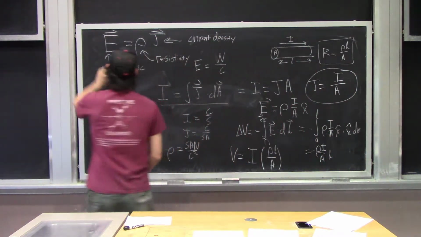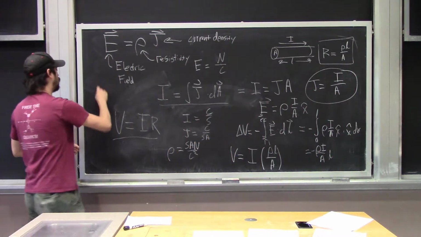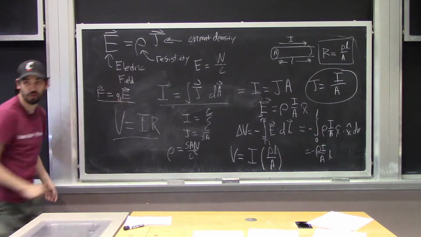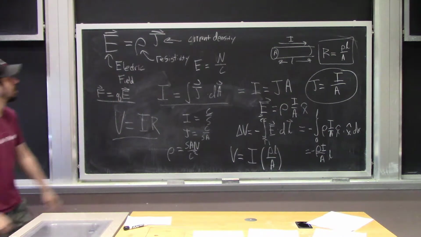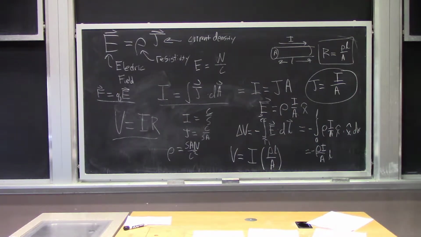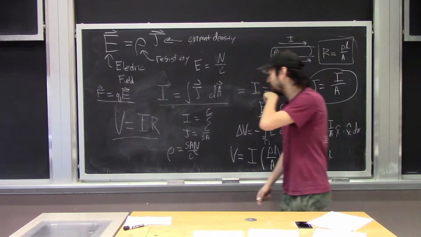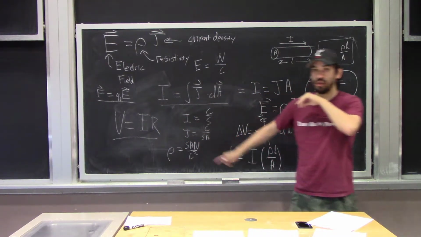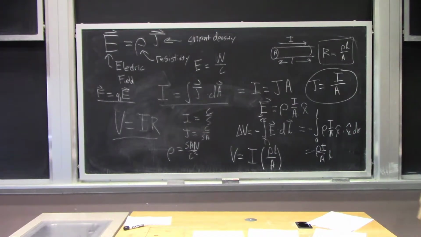So you say, okay, well, I know what the units of an electric field should be from the first portion of the Lorentz force law, right? And then a current density, I know it's going to be some current per area, and then I can use that to find what the units of resistivity are. Now, the way that we could do this a little bit differently, because in electrodynamics, you typically don't talk about newtons, you talk about voltages.